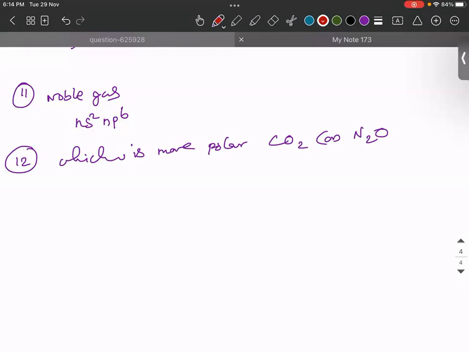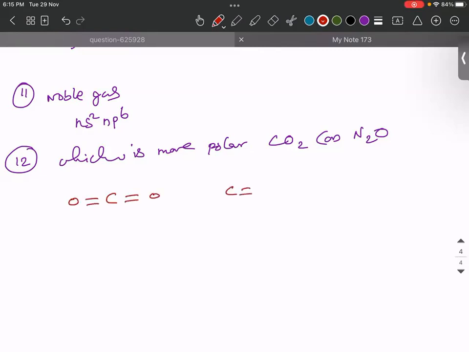Which is more polar, CO2 or N2O? So you have to draw the N2O structure, right? So what is the shape of carbon dioxide? Generally, we will write it like this.